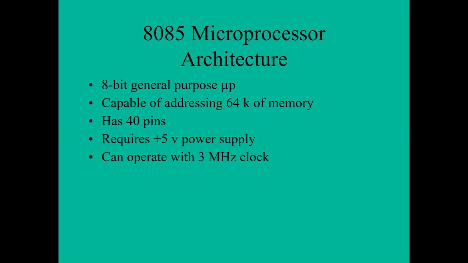When the frequency is increased, it takes less time to execute one operation or instruction. Clear? So the range of these versions of the 8085 microprocessor is 3 to 5 megahertz clock frequency.